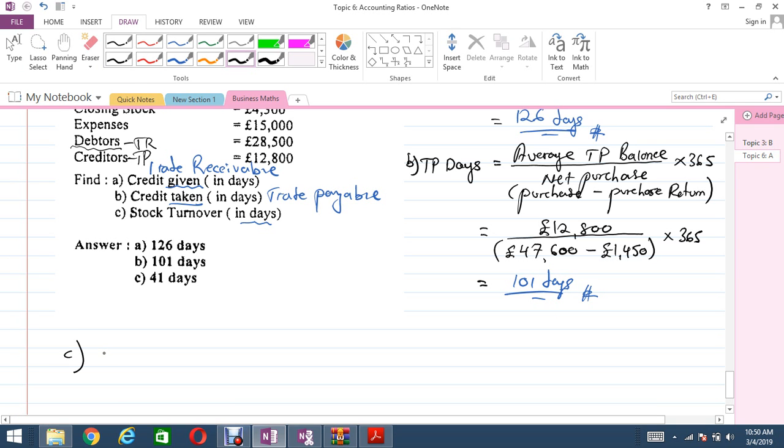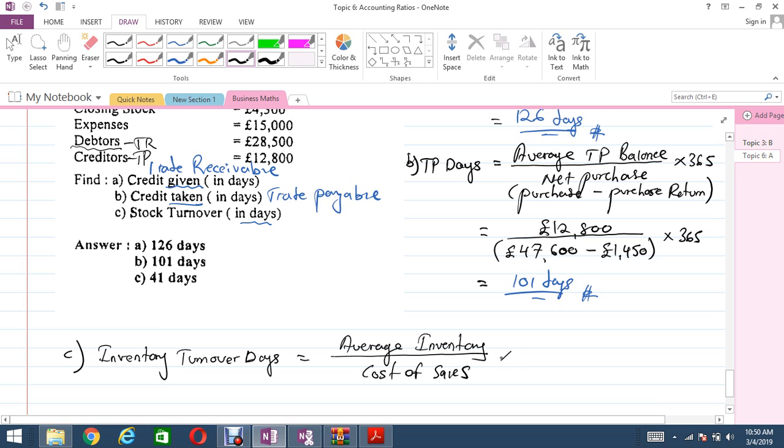And your C is your inventory turnover, but in days. So you take your average inventory divided by what? Cost of sales times 365.